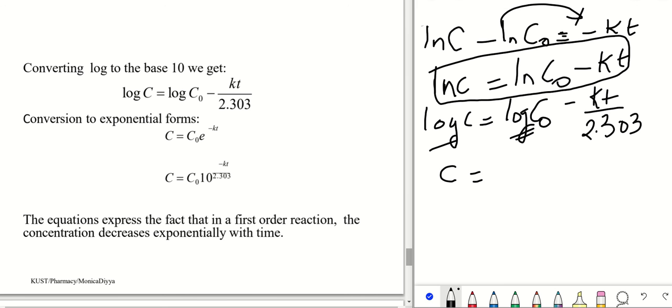To make it simple again, to take out this log, C is equal to C naught. Here, when we are taking out the log, do always remember this in any mathematical equation. And if we want to make it a linear one, it turns out to be the exponential form, e to the power minus kt.